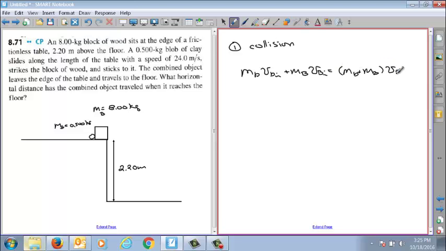Since they stick together, we just use one final velocity. The initial velocity of the block is 0. So if we solve for the final velocity of both of them, you get the mass of the blob times the initial velocity of the blob divided by the sum of the two masses.